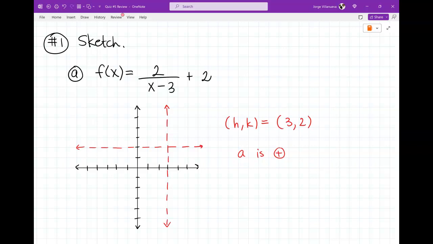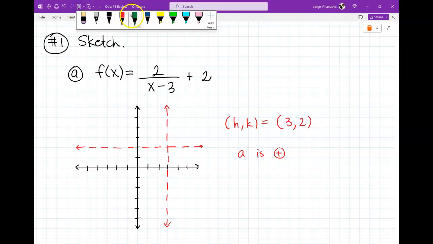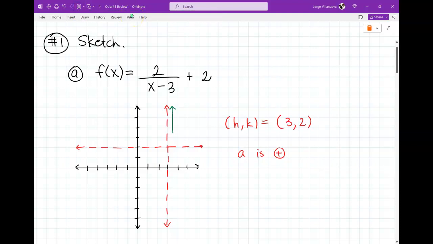Notice how both of these lines cross each other at 3, 2, okay? And since this is a positive A, then the graph looks like this. And that's it. I'm done.